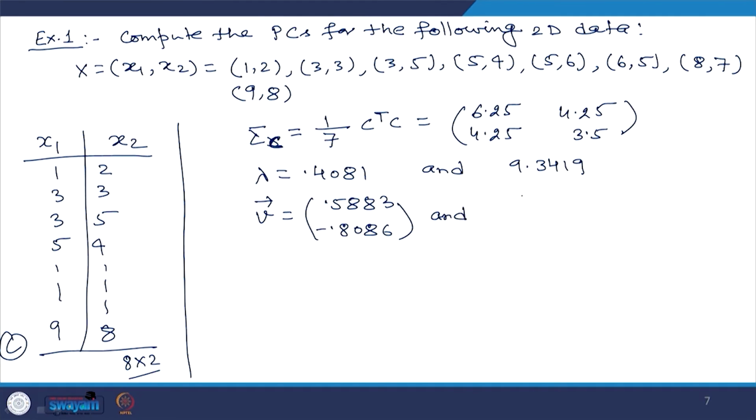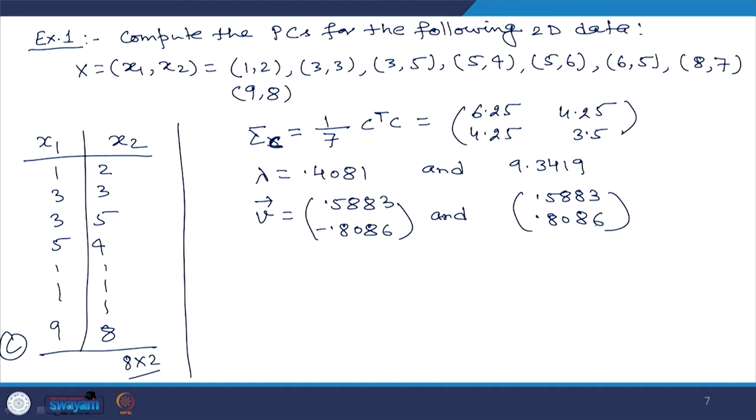Similarly, the eigenvector corresponding to this is 0.5883, 0.8086. So these eigenvectors are giving you the direction of principal components or principal directions.